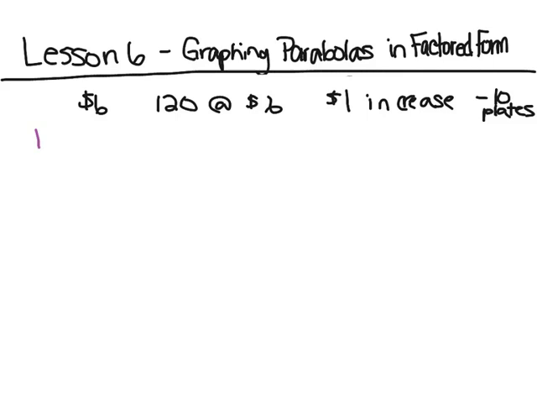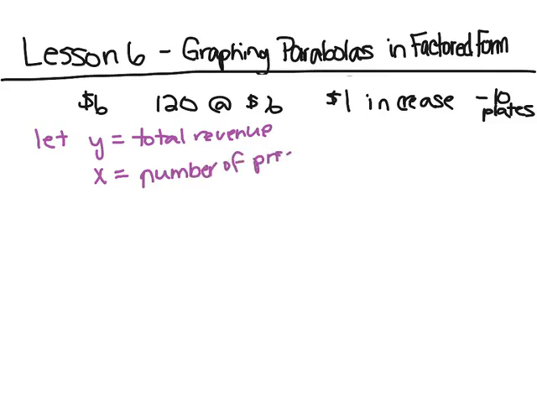So let's let y equal our total revenue, and let's let x equal the number of price increases. So every increase of $1, they lose 10 plates. So y is going to be equal to, our revenue is the cost, so $6 plus however many increases they have.